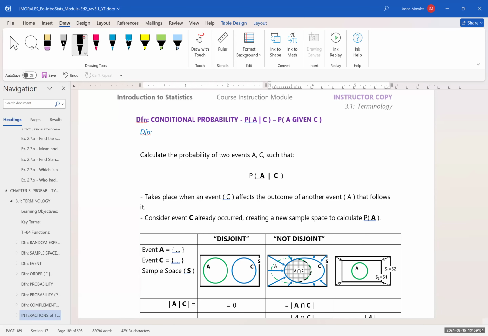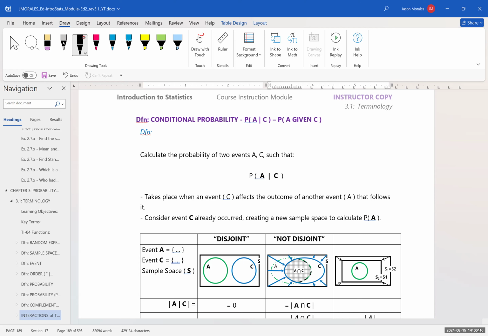All right. Another way that two events can interact is with what's called conditional probability. When we looked at the intersection of events and the union of events, you could almost think of those two events as occurring at the same time, two conditions that both had to be met.